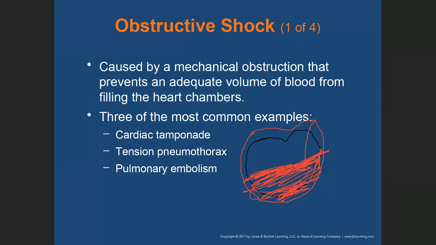This inability to move will cause the cardiac output to drop. So the blood pressure is eventually going to fall, and this results in obstructive shock. So a cardiac tamponade can cause obstructive shock. It is blood or fluid collecting in the pericardial sac that interferes with the movement of the heart, leading to a reduced cardiac output.